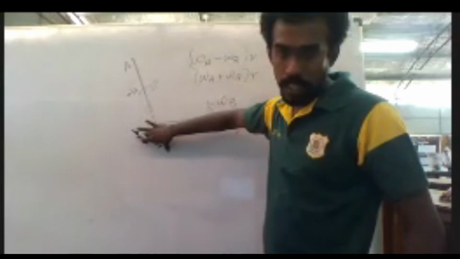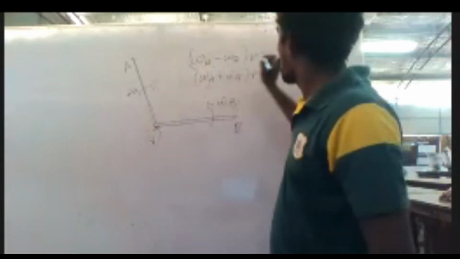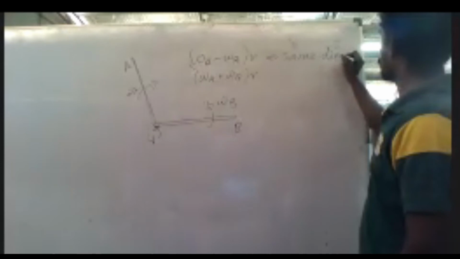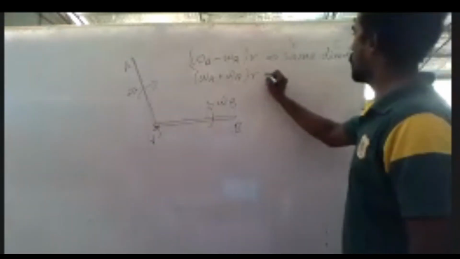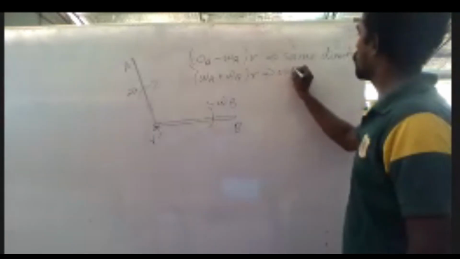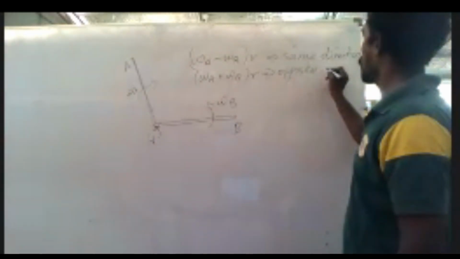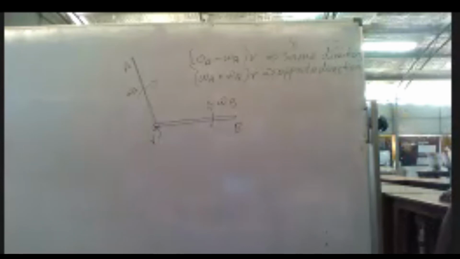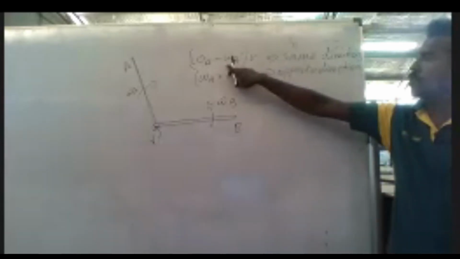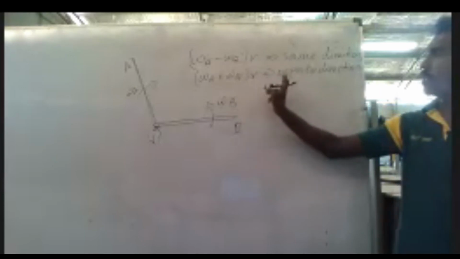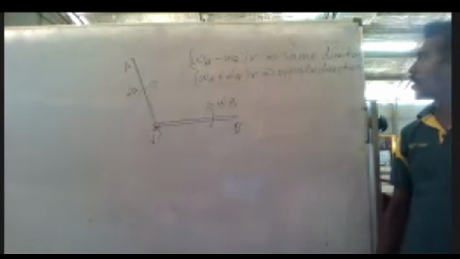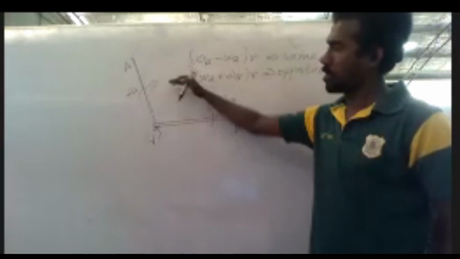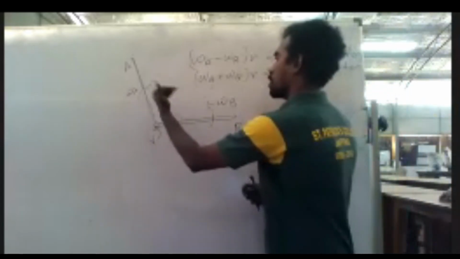If the links are moving in the same direction, that is omega A minus omega B. If they are moving in opposite directions, that is omega A plus omega B. So now you see omega B is moving anti-clockwise and omega A is moving clockwise.